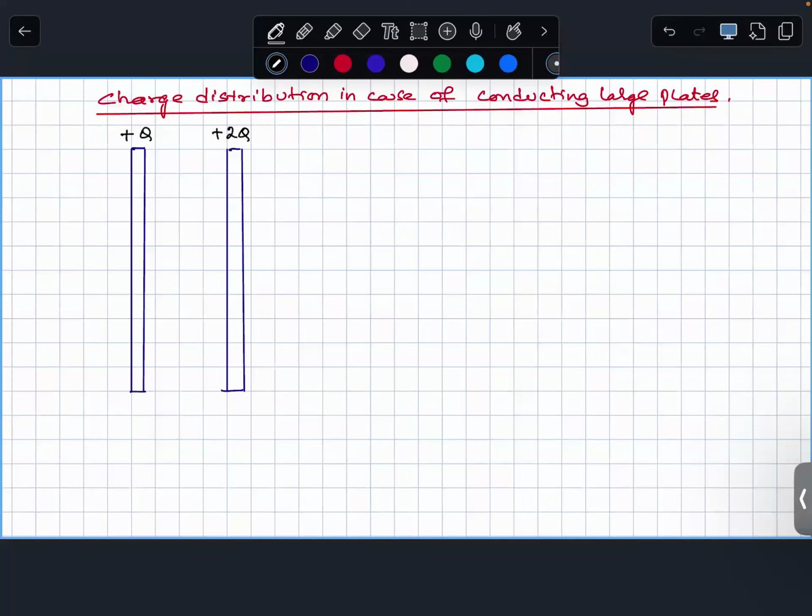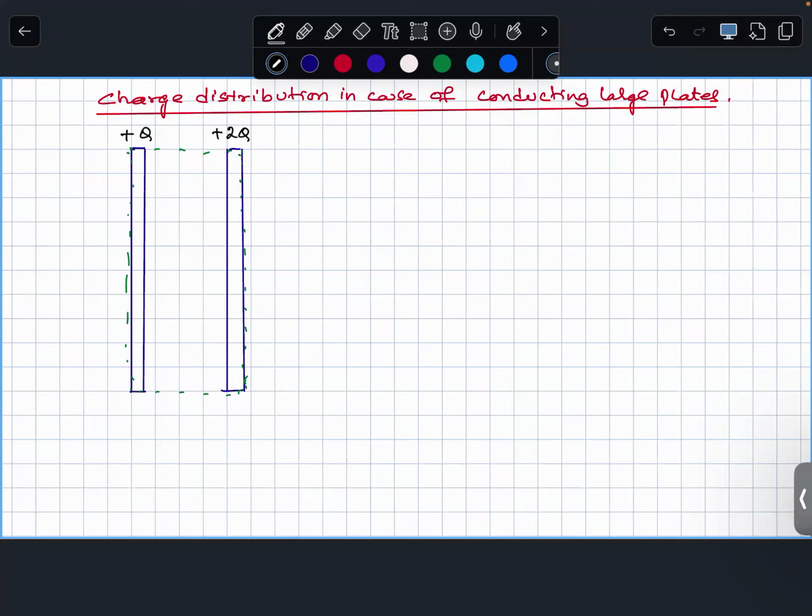The easiest way is you imagine that the entire thing is one single plate. If you can imagine that, what is going to be the charge on this plate? 3Q.